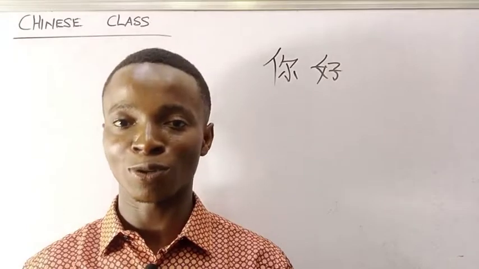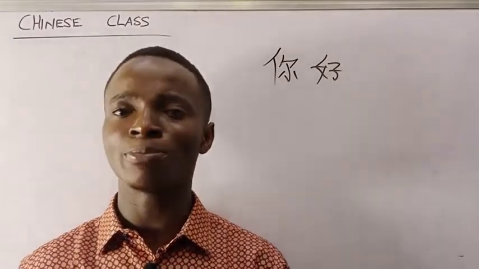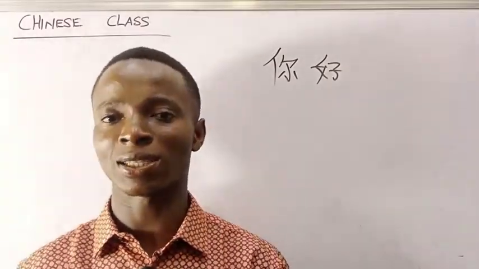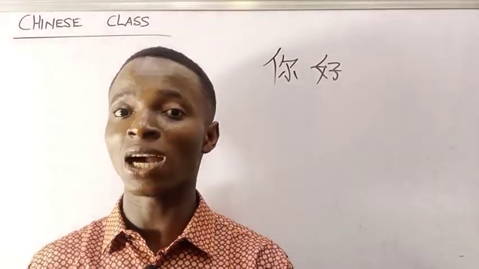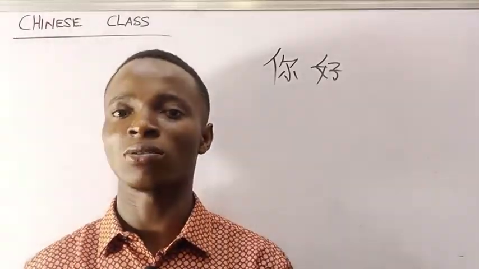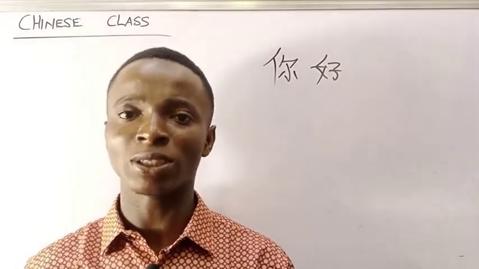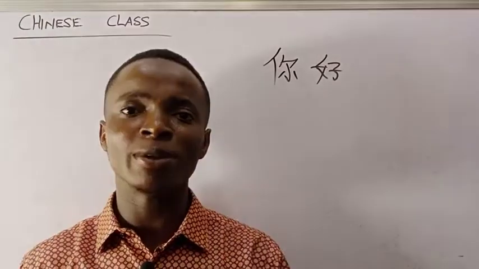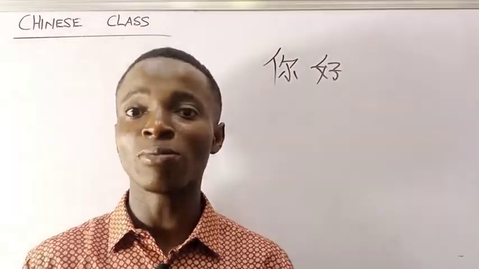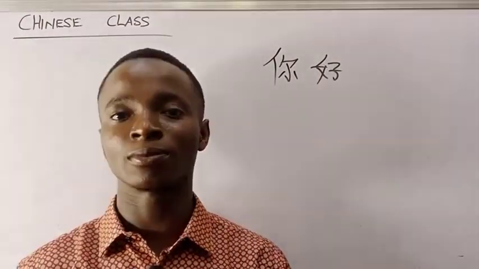Hello, welcome back once again. What we have on the board are just two Chinese characters that literally mean hello, which we know as ni hao, but the characters written on the board cannot tell us how to read them. So, for us to be able to read these characters, we must know what we call pīnyīn.